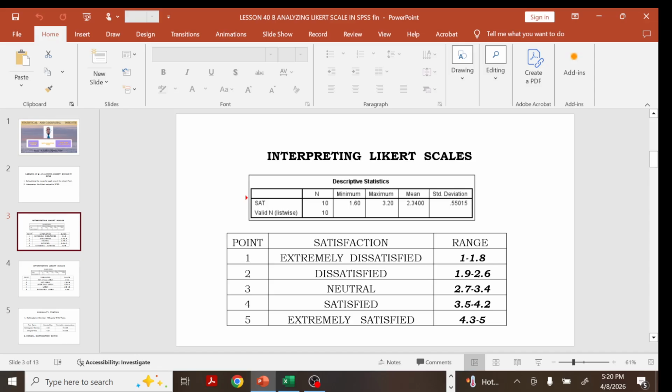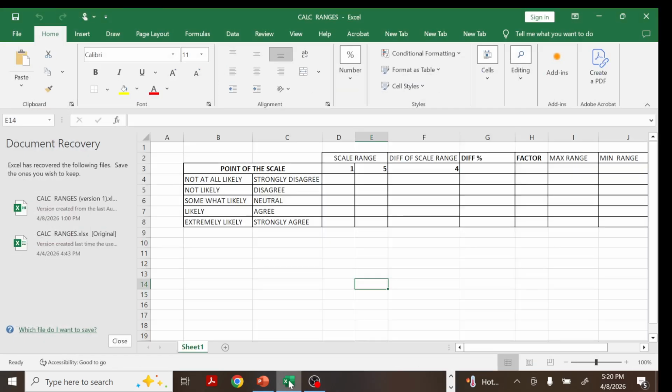For this reason, we have to find the ranges, and the range that we're going to calculate will help us to actually position each one of these 5 points, whether in the minimum, the maximum or the mean. So to do this, first of all, I've prepared something in Excel here.